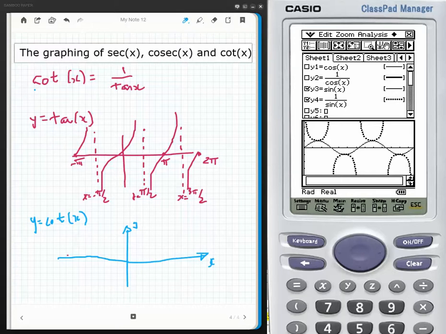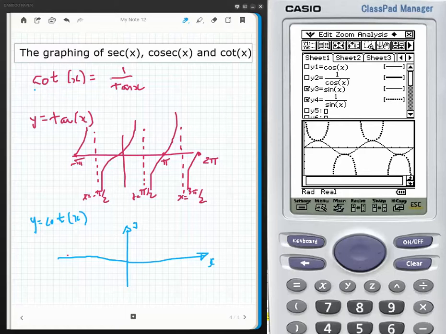And if we consider cot of x is 1 divided by tan of x. Looking here, I have a graph of tan of x, where the period is pi. I'll have asymptotes at x equals pi on 2, x equals 3 pi on 2, x equals minus pi on 2. When drawing cot of x, it's going to be the tan value, the y value of tan, inverted, or the reciprocal.